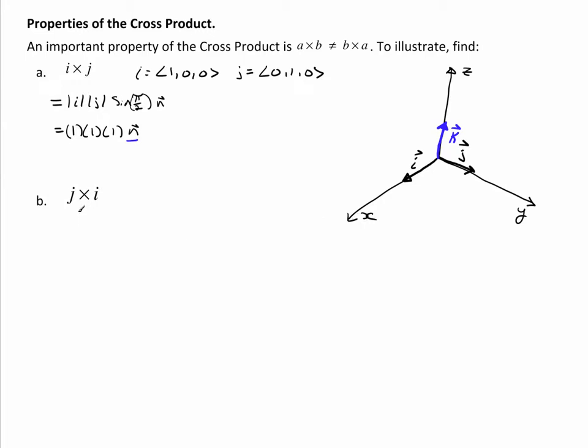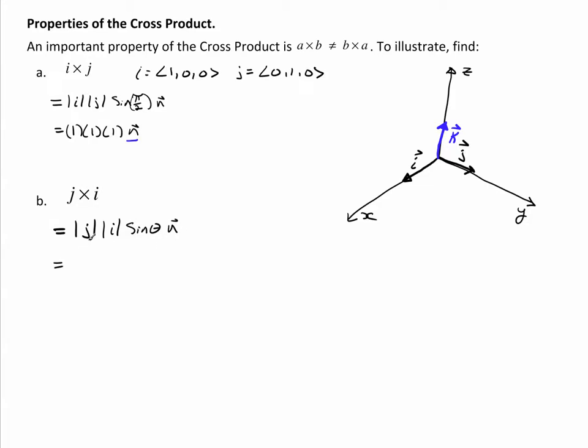Now I want to do j cross I. Well, j cross I is going to be the exact same idea. It's going to be equal to the magnitude of j times the magnitude of I times sine of theta times this vector n, which again is a unit vector.